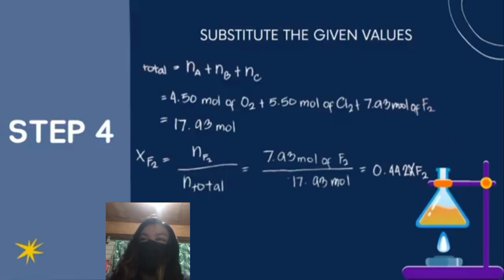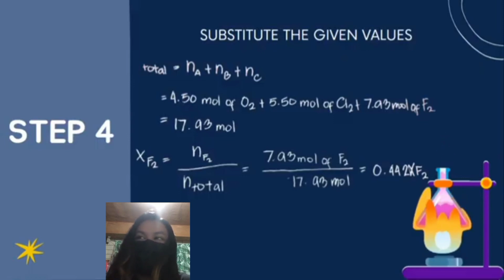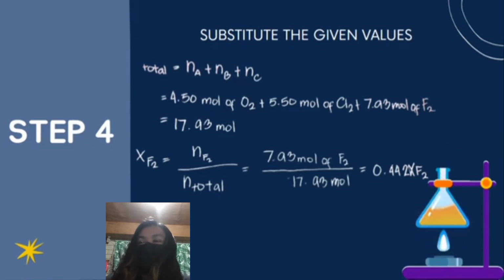So therefore it will equal 7.93 moles of fluorine over 17.93 moles, or 7.93 moles of fluorine divided by 17.93 moles. So if we divide 7.93 over 17.93, we will get 0.442 mole fraction of fluorine.